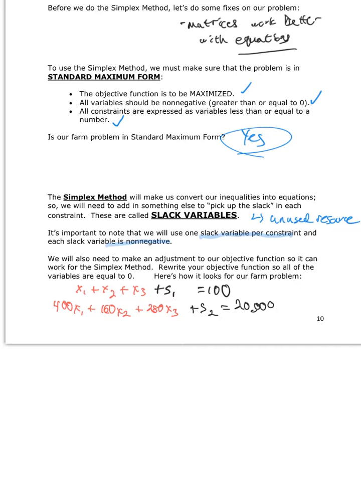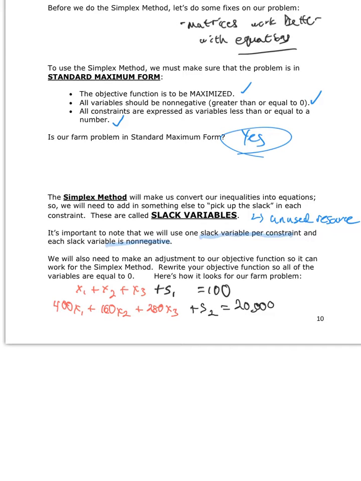So this s2 represents the money we didn't spend. So all of this right here, this x1, x2, x3, that all represents what we have spent. The slack variable represents what we haven't spent of our $20,000 budget. So that's kind of a quick little understanding on slack variables.